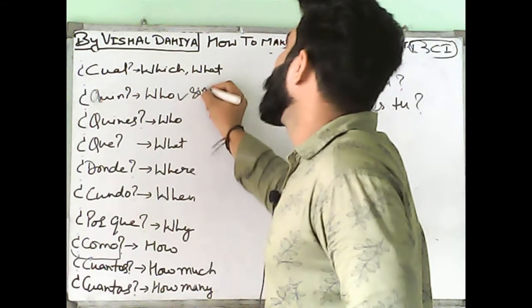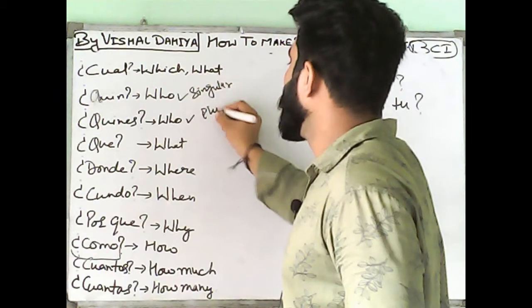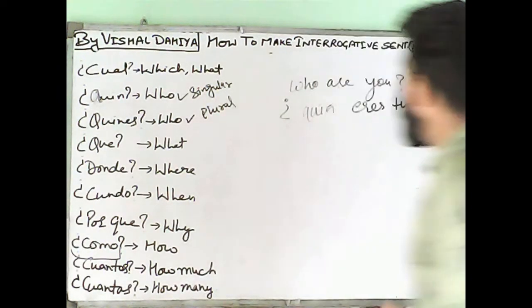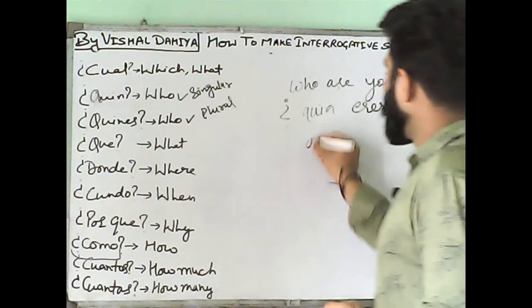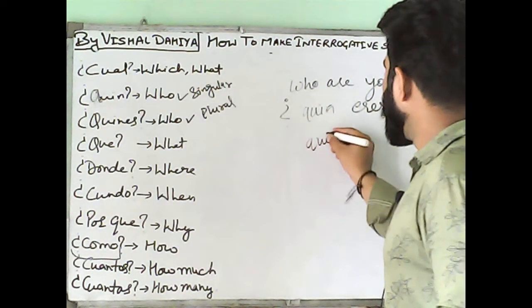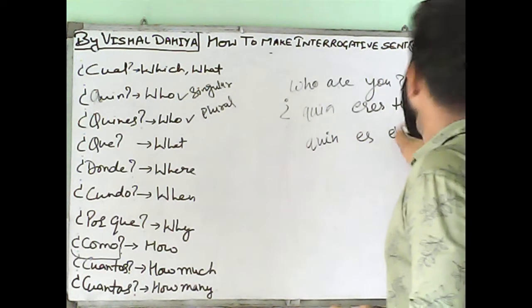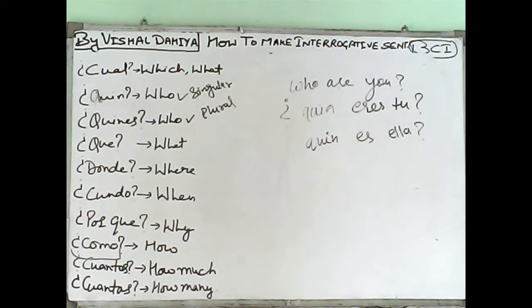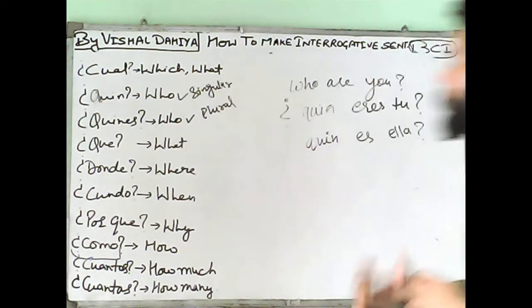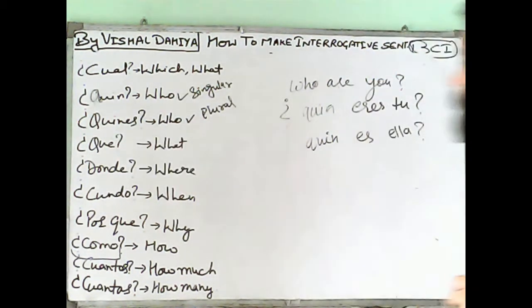It is used for singular, and it is used for plural, right? For example, who are you and who is she, right? Quién es? Who is she? But when it comes to plural, who are they? So I will use quiénes.